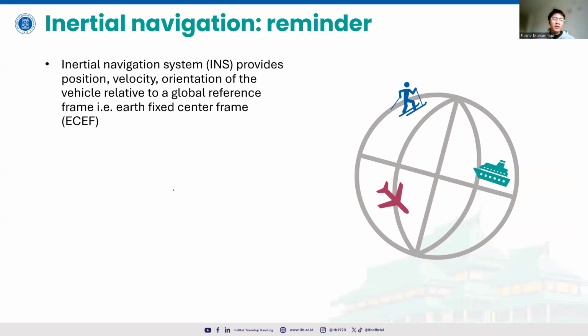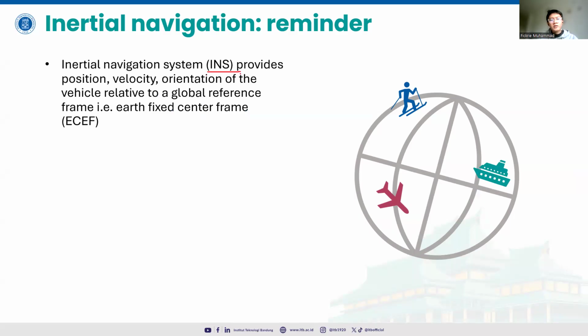As a reminder, the inertial navigation system, or INS, provides the position, velocity, and orientation of the vehicle, like an AUV, relative to a global reference frame, for example the ECF or the inertial frame, or any frame that you refer to. It can also be a navigation frame, or the body frame. It depends on what you need.